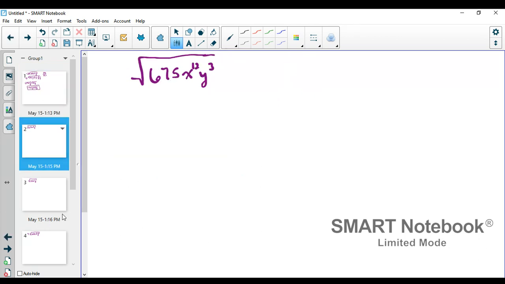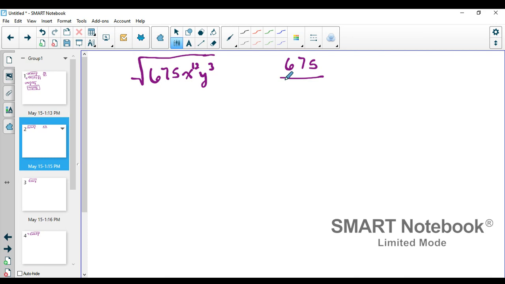So another square root one, we have the square root of 675 x to the 12th y cubed. So instead of listing out all of the factors of 675, I believe I did 225 times 3.